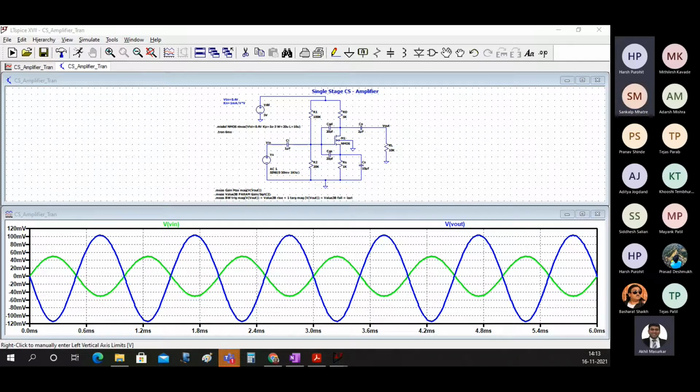Hello, sir. Yes. Sir, Sankalp here. Sir, my Vout is coming different. It is coming as a straight line. Let me see. I have posted in the chat box.